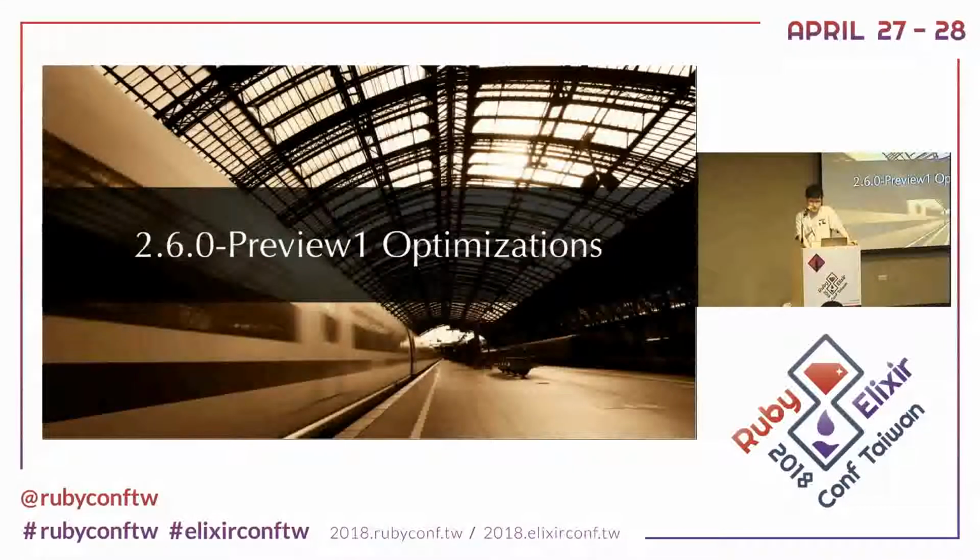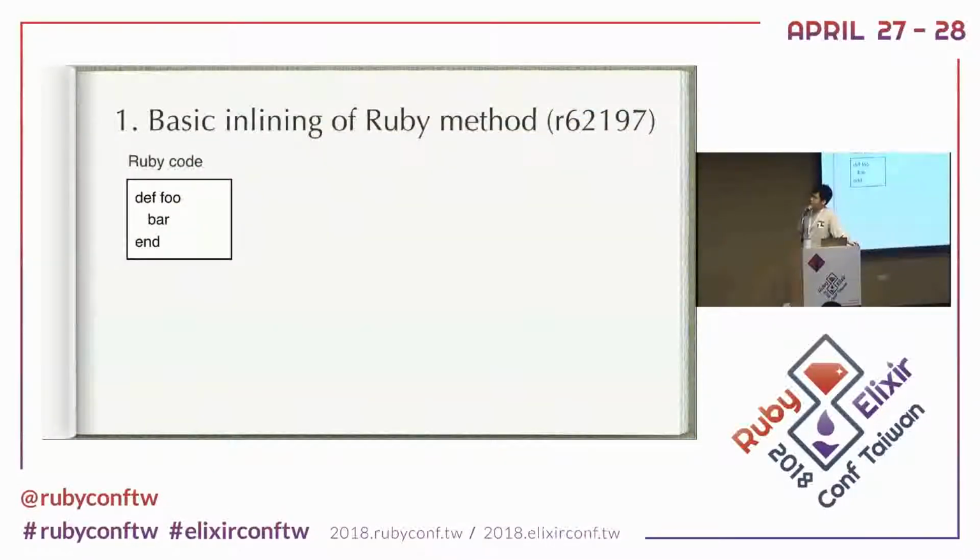I want to introduce the optimization in the preview one first. The most important optimization of the preview one was the basic inlining of the Ruby method. It doesn't inline the definition of the Ruby method, but it inlines the basic setup of the Ruby method.